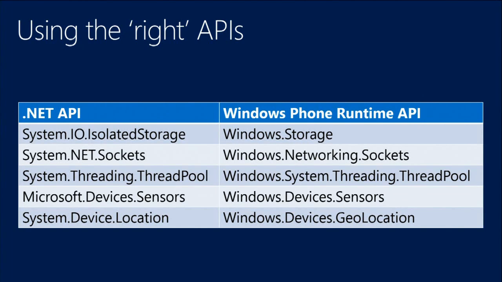But don't worry, if you call a .NET API to do some file I/O, it will be translated to an asynchronous version of the Windows Phone runtime API without you having to worry about it, and you don't even need to worry about exception handling. Because we are using an async pattern and develop our applications in a synchronous paradigm, but they are running multi-threaded, it also means that you can just use exception handling as if you were a synchronous application developer.